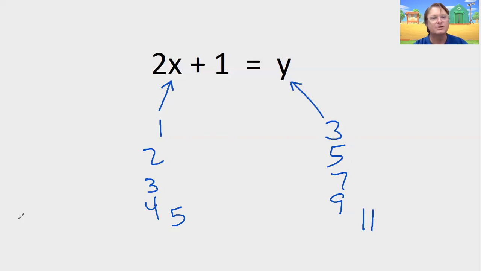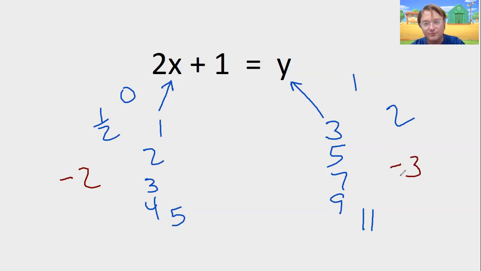You getting it? Good. Can you come up with fractions? You bet. If x is 1/2, y is 2. x is 0, y is 1. Can you come up with negative numbers? You bet. x is -2, then y is -3. x is -5, then y is -9.